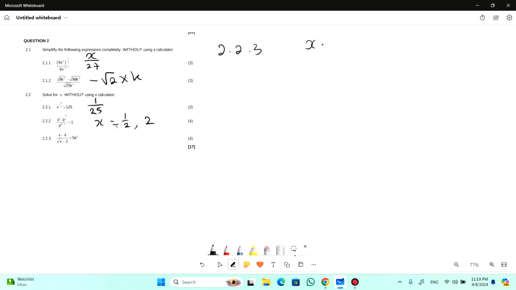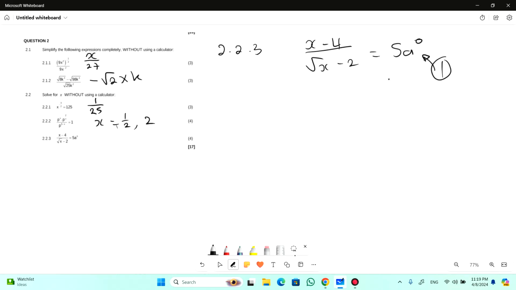There we have (x minus 4) over (root x minus 2), which is equal to 5a to the power 0. Now here they're trying to throw you off by putting that a to the power 0. You should notice that it is equal to 1. I've been saying this for a while now, right?